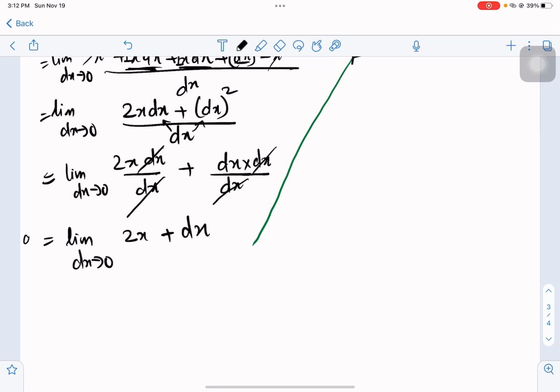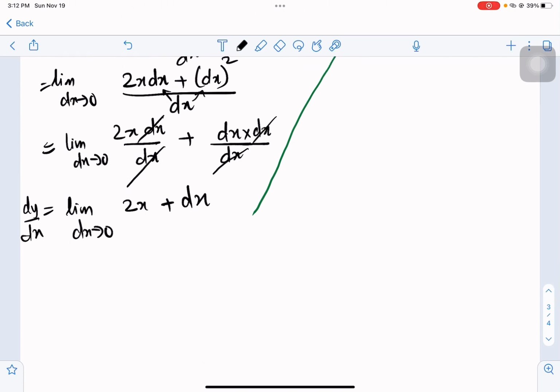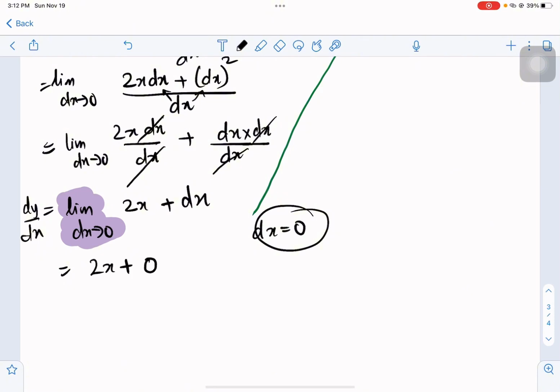Now after simplification, when you have no denominator having dx, when your denominator dx is removed or it's not there, now you have to replace dx by 0. So to remove the limit, you have to replace dx with 0.